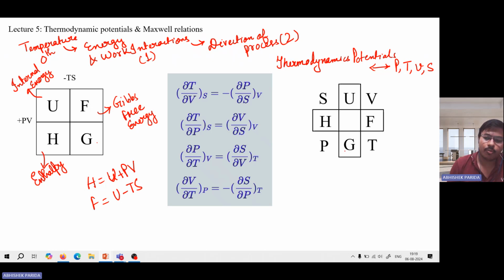This is a mnemonic which has already been told: a good physicist has studied under very fine teachers. Based on that, we can derive all these relations from this square. For example, the first one, dT by dV at constant entropy. So, for dT by dV, we go like this.